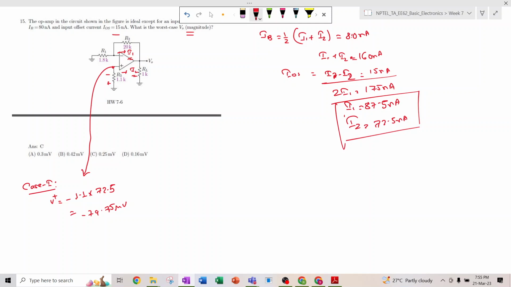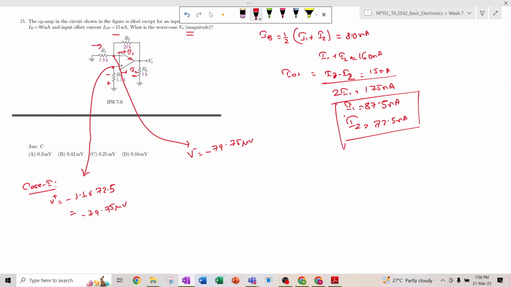Okay, yeah. So now this V minus should also be equal to minus 79.75 microvolt. So there will be some current flowing through this.